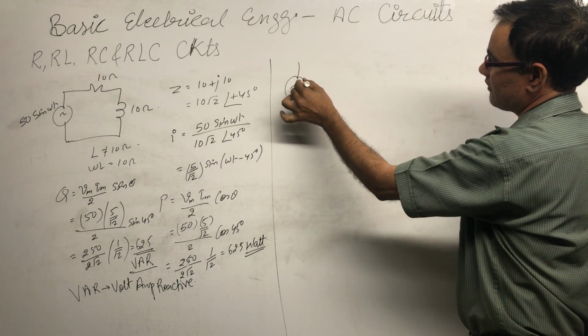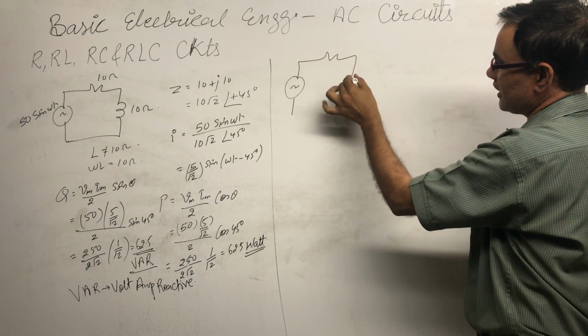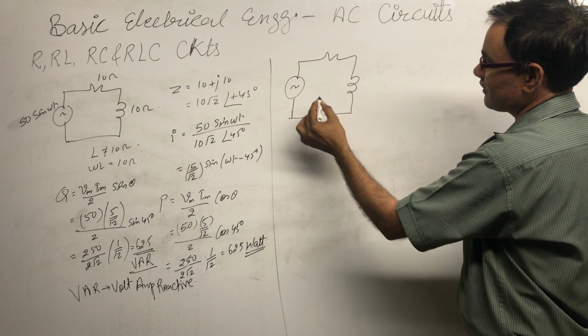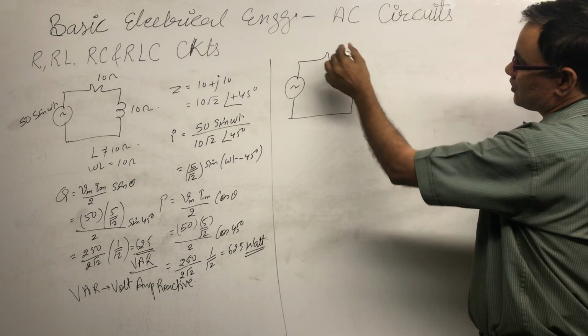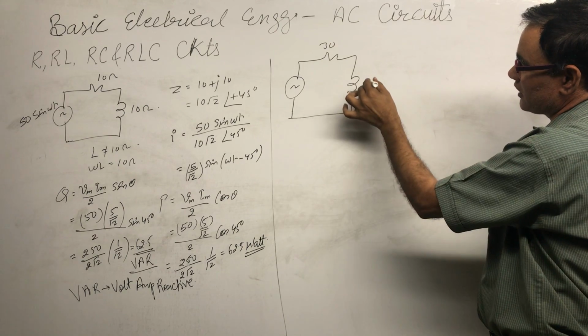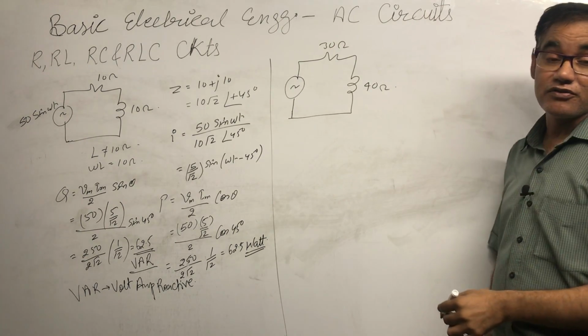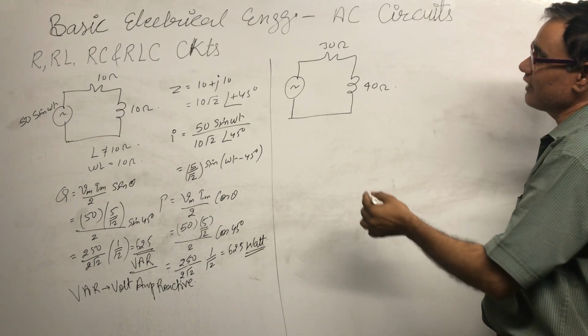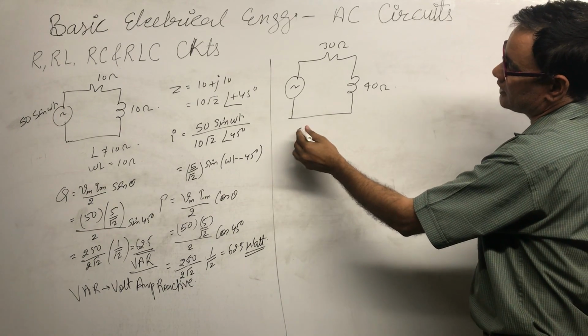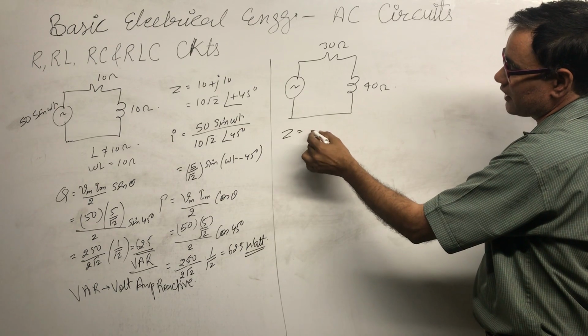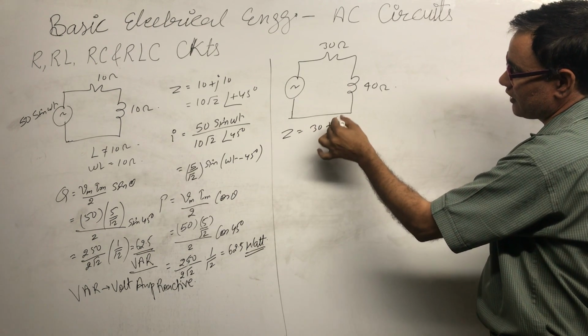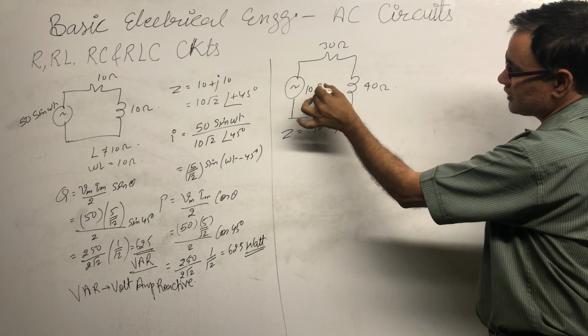Suppose that we have a source, a resistance and an inductor, having different values. Suppose the resistance has value 30, and the inductor has value 40. So the impedance of the circuit is 30 plus j40, and the source is 100 sine of omega t.